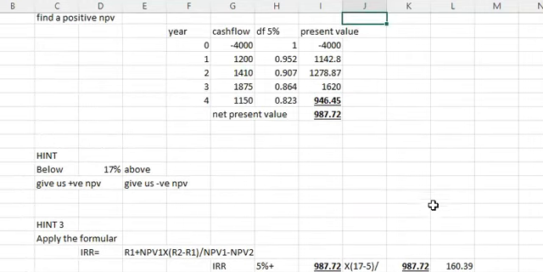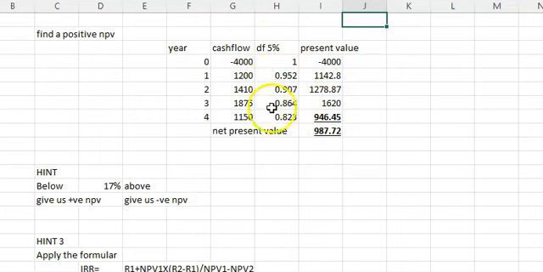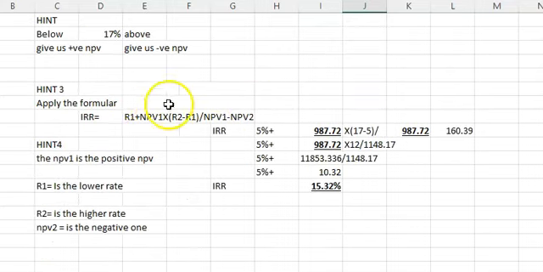This is the one we used here, and then we went on the PV table to get these values, or you can calculate, then apply the formula. IRR is equal to R1 plus NPV1 times R2 minus R1 divided by NPV1 minus NPV2. This is the calculation that we did here, and in the end we got 15% as the IRR.